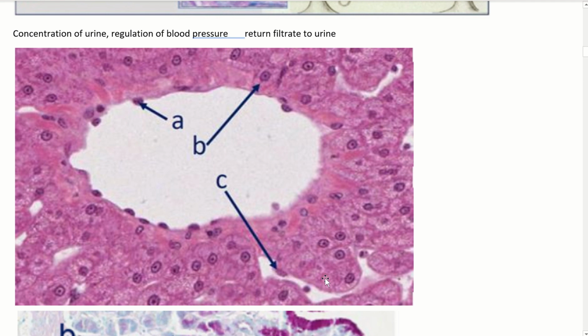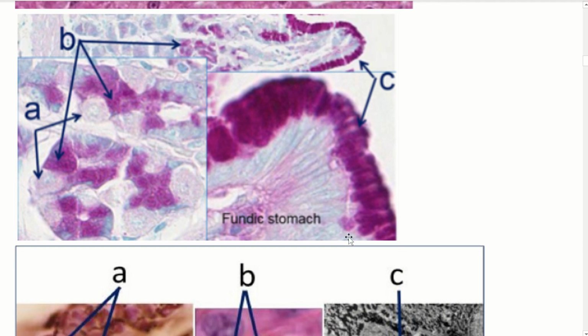And so C, it's a little hard to distinguish, but I would say it's either a Kupffer cell or an endothelial cell, okay? I would guess Kupffer cell, but you could argue for either, okay? So we're just going to narrow it down to it being a Kupffer cell or an endothelial cell. And remember, Kupffer cells are these specialized macrophages, right? Macrophages of the liver, okay? So they're just eating up junk in there, okay?